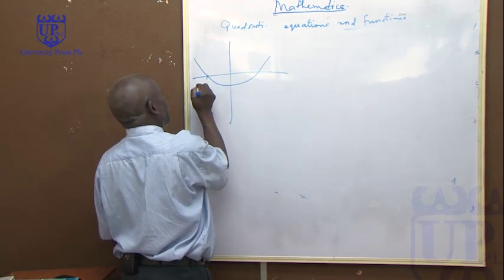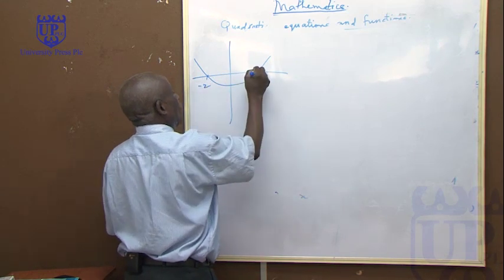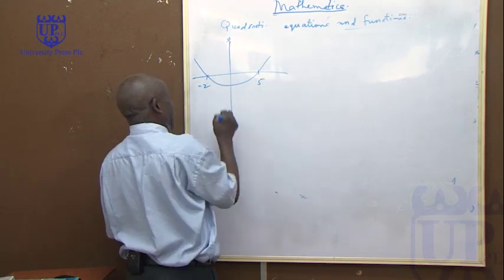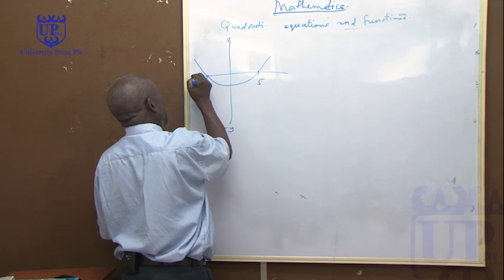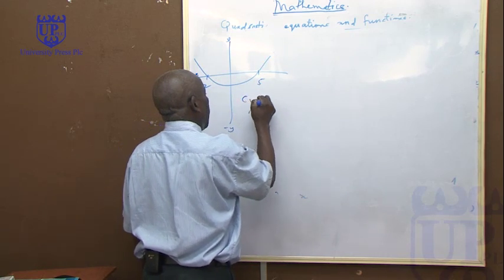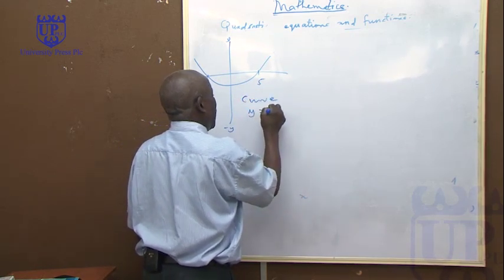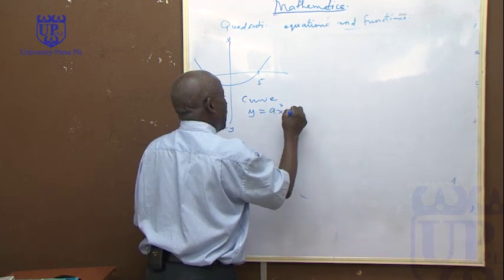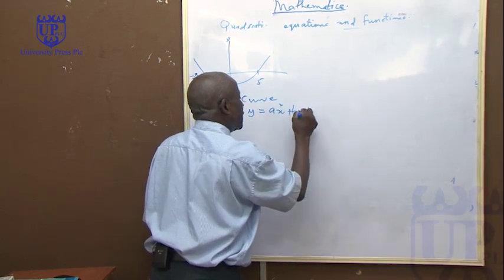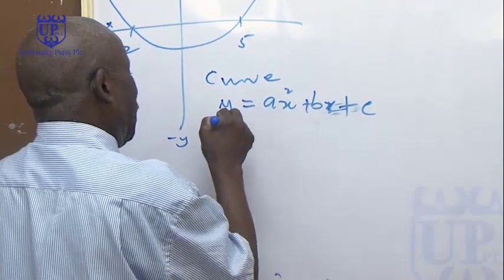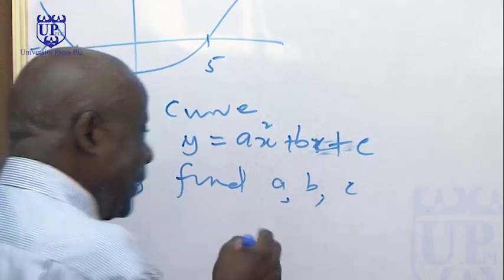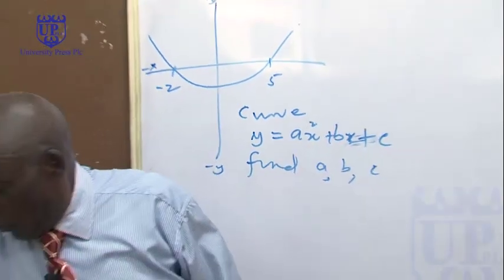They gave minus 2, this one 5, and they say y equals ax squared plus bx plus c. The question says find a, b, and c. That is the question. I don't want to waste your time.